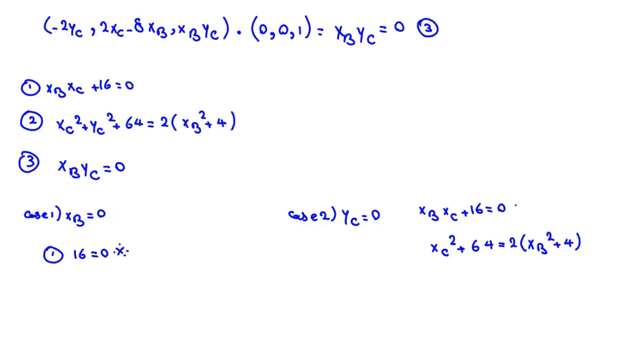Now we use replacement. We can say xc is negative 16 over xb, because xb is not 0 in case 1. We replace xc with negative 16 over xb in the second equation: plus 64 equals 2 times xb squared plus 8.